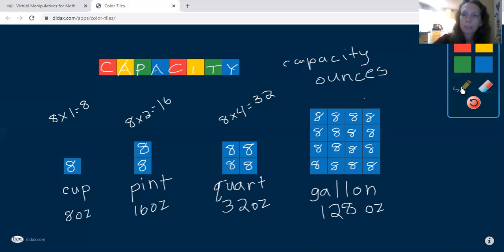So let's go back to 8 times, how many times did we say we saw the number 8? 16. 8 times 16 is how many? 128.